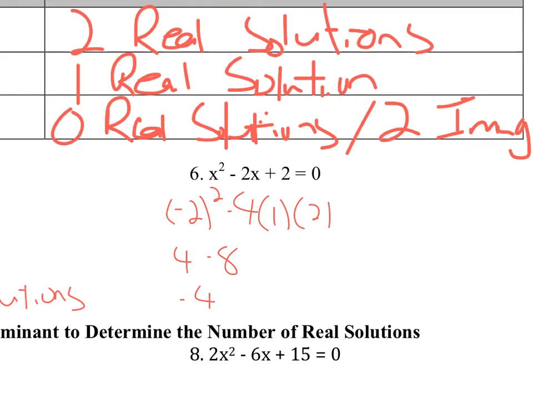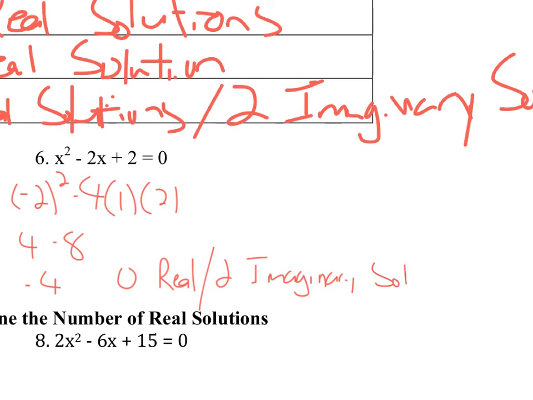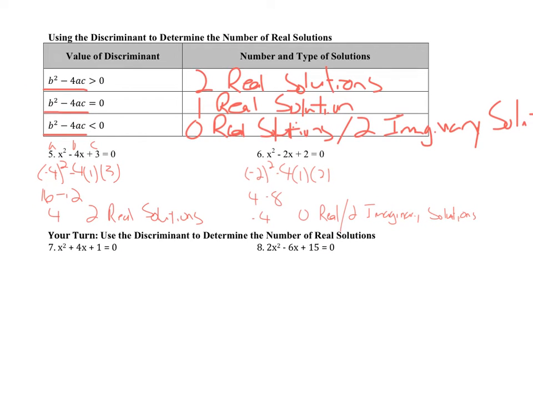So we have 0 real solutions, or 2 imaginary solutions. All right, so your turn to do number 7 and 8 and see what you get for the number of solutions.